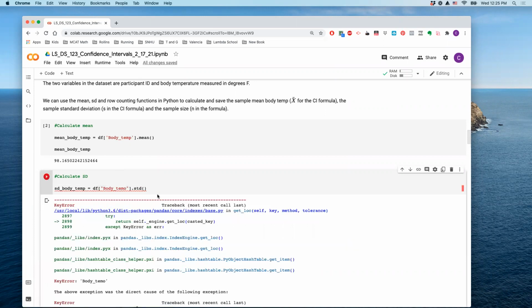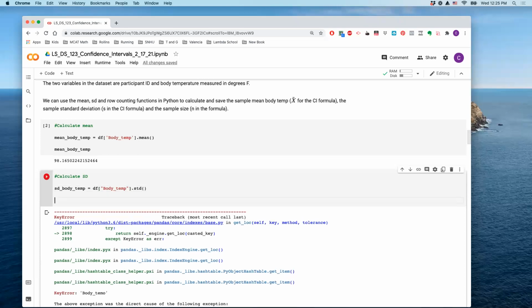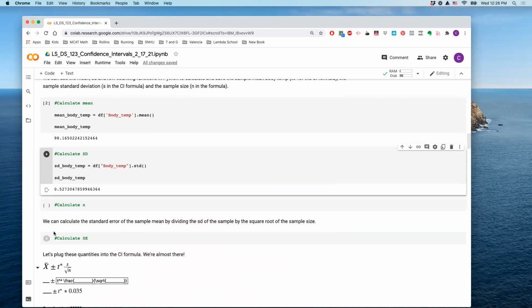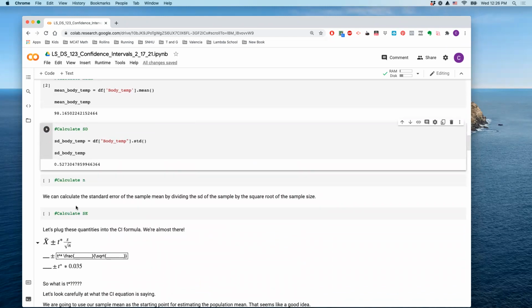The standard deviation of body temperature is about 1/2 of a degree.